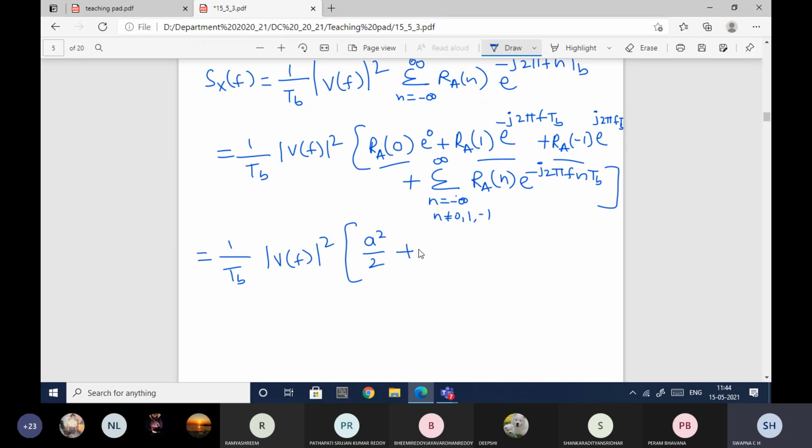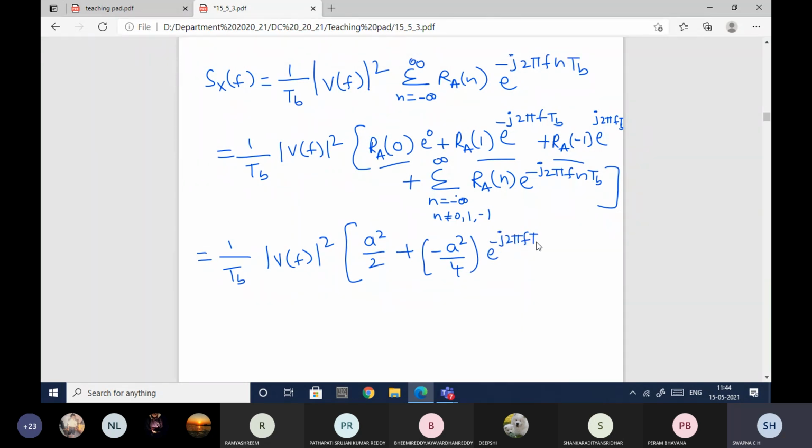Array of 1 is nothing but minus a square by 4 into e power minus j 2 pi f tb, plus array of minus 1. Array of minus 1 value will also be same, because n is equal to plus 1, n is equal to minus 1, it will be same only. The autocorrelation function is an even symmetric function. That is the reason its value will remain same.